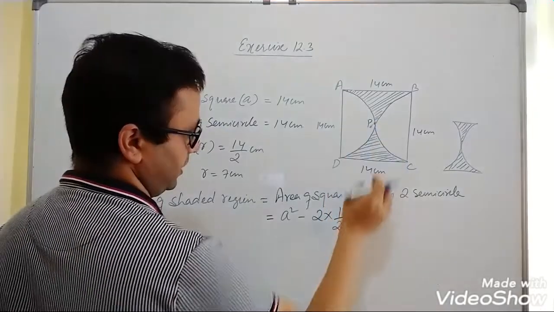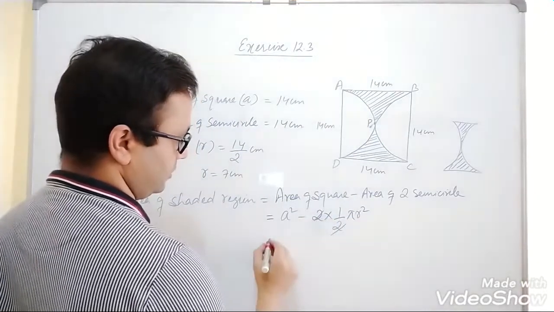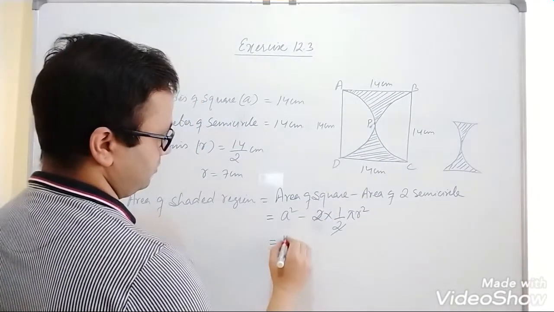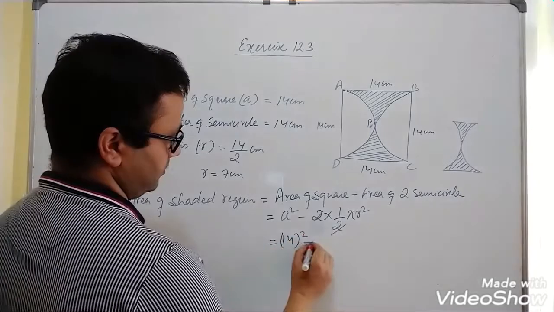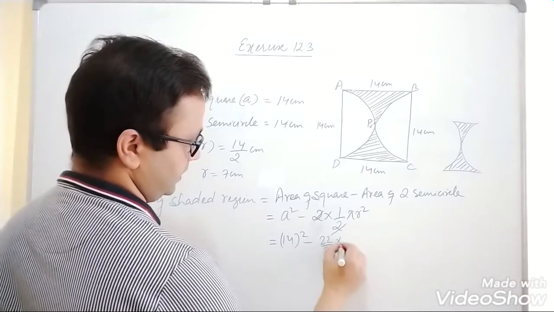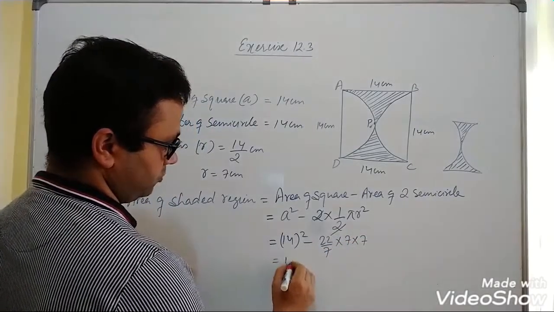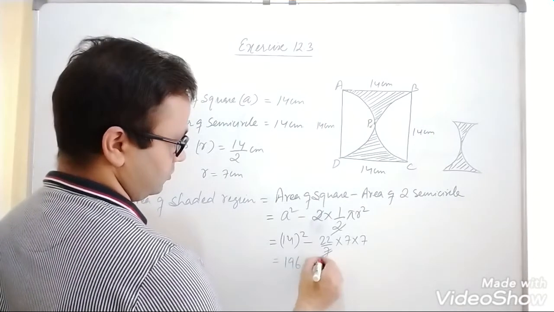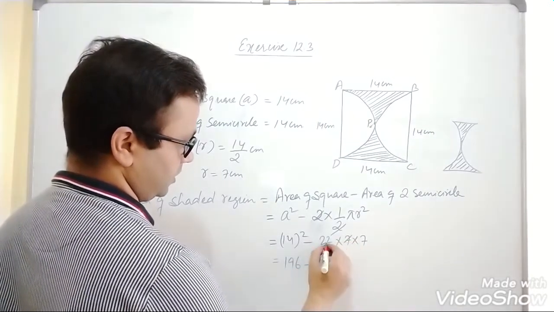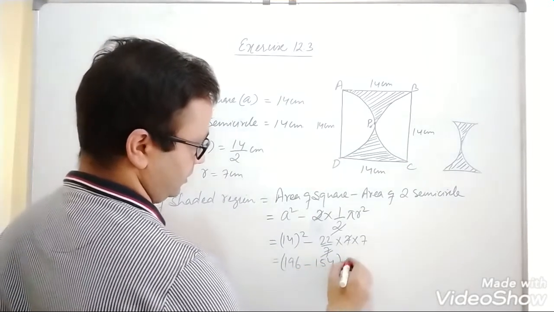Two semicircles make a circle, so the 2s cancel and only pi r squared is left. So 14 squared minus pi, which is 22 upon 7, into radius 7 into 7. 14 squared is 196, minus 22 into 7 is 154 centimeter squared.